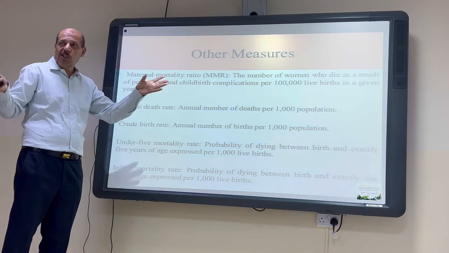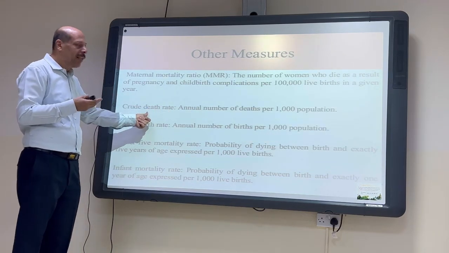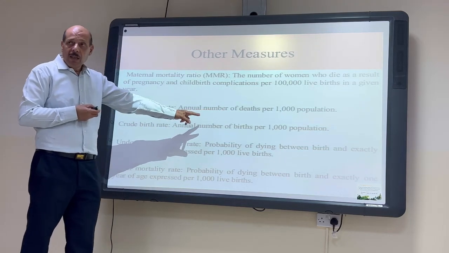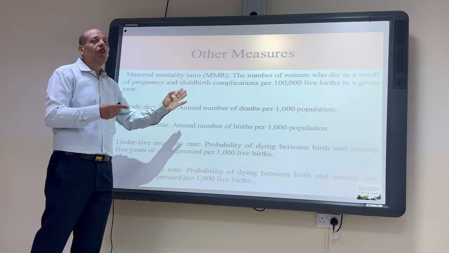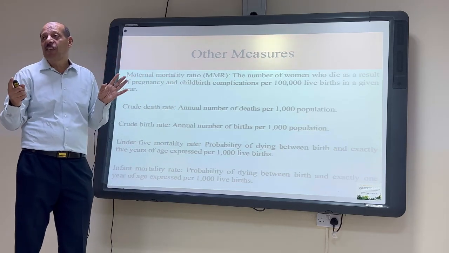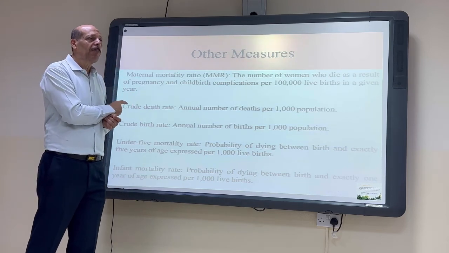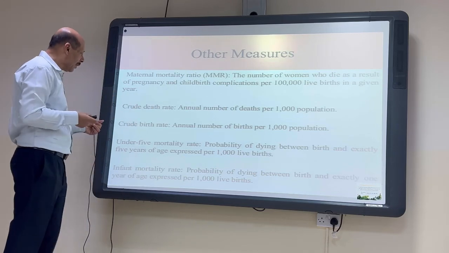There is the crude death rate. Crude means the general. So this death rate is the annual number of deaths in a certain population per 1,000 of the population. So how many deaths per 1,000 population of that area or that country or that region?